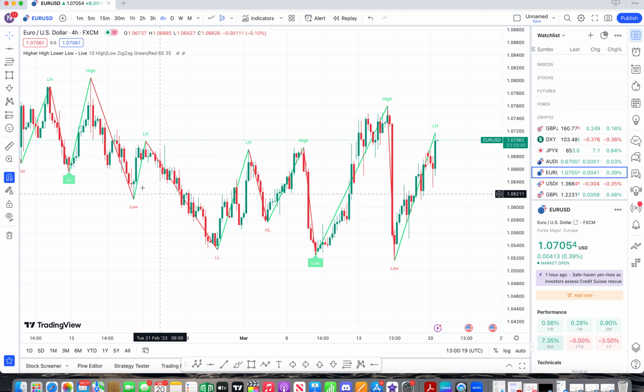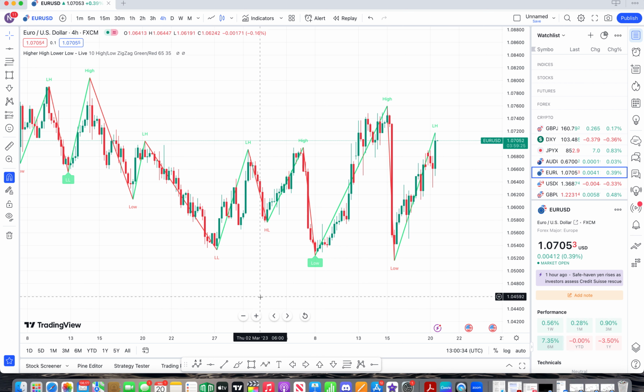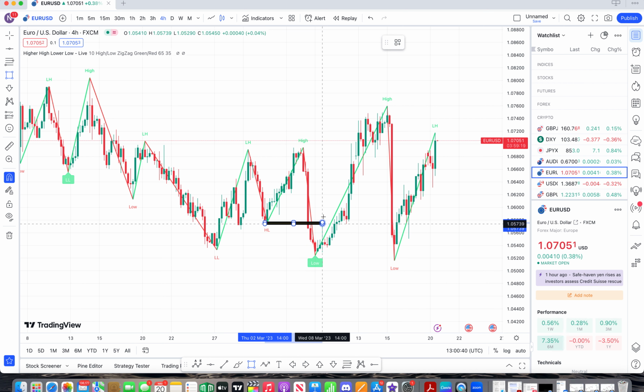The textbook way of market structure tells you to buy at a higher low and sell at a lower high. This is a perfect example, actually. In this instance, you have a higher low that has been broken.